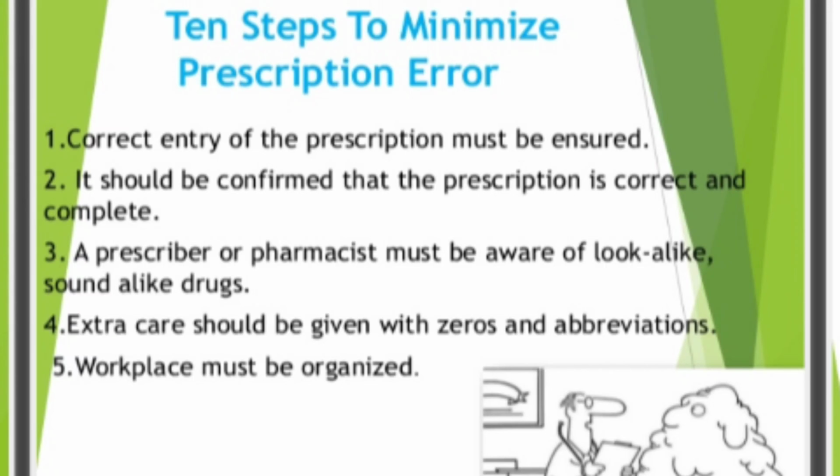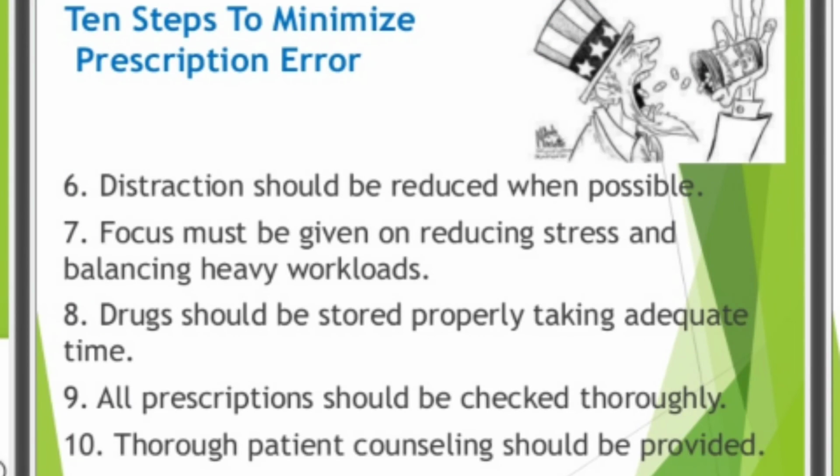Next, prescriber or pharmacist must be aware of look-alike, sound-alike drugs, and extra care should be taken with zeros and abbreviations. Also the workplace must be organized, neat and clean, and distraction should be reduced when possible.